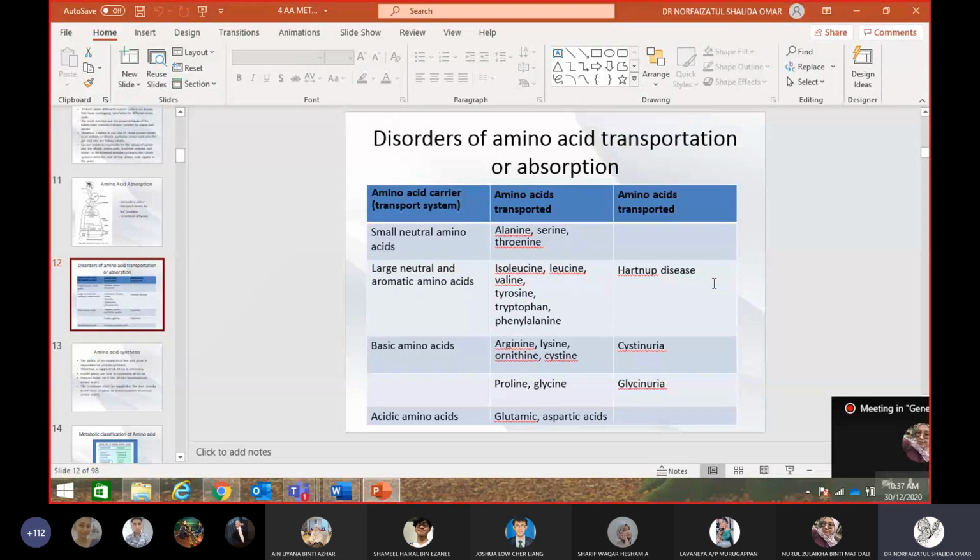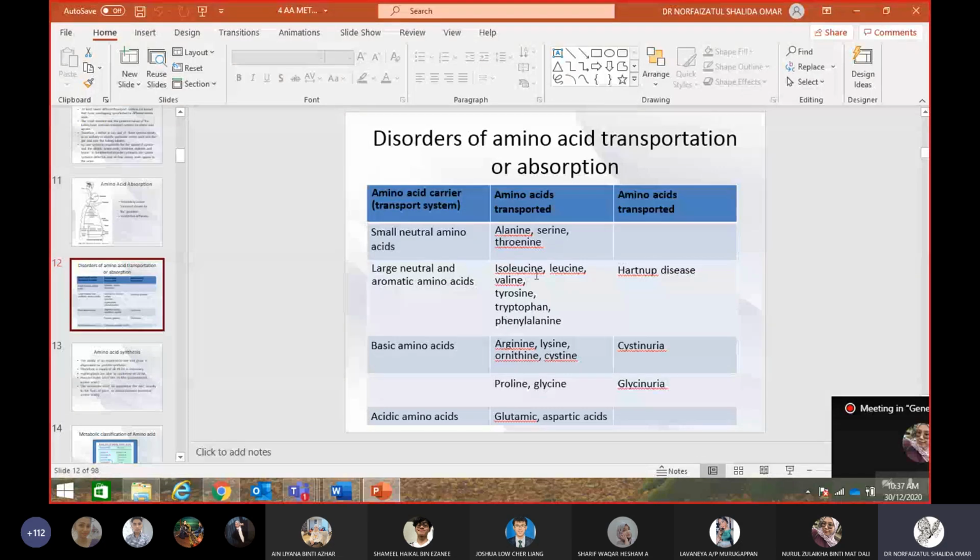Like you have here the small neutral amino acids, which transport alanine, serine, threonine, and then the large neutral aromatic amino acids through this transport system. So these are mainly the aromatic amino acids and the large amino acids.